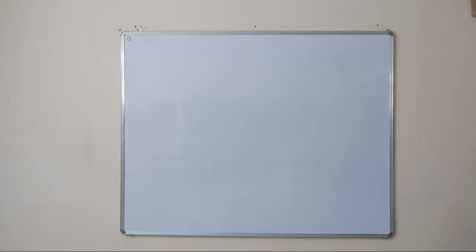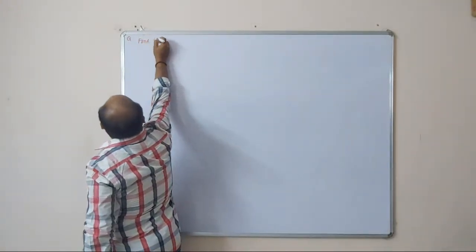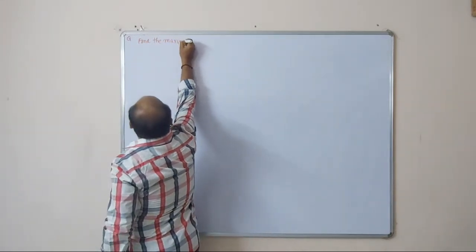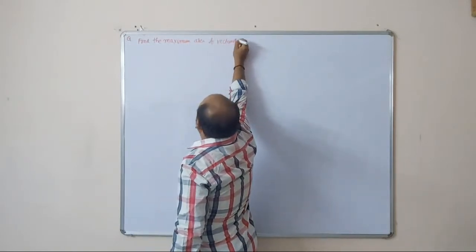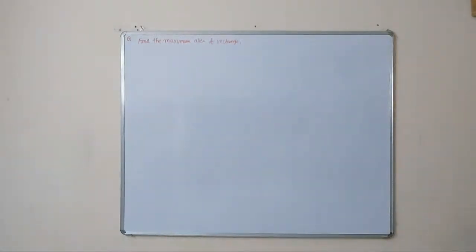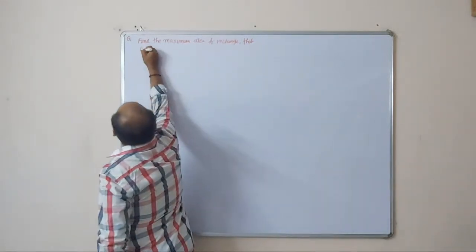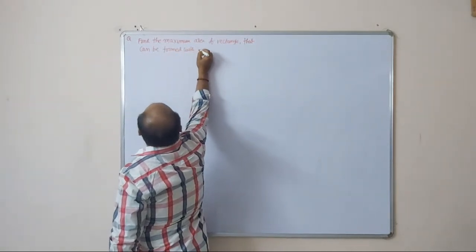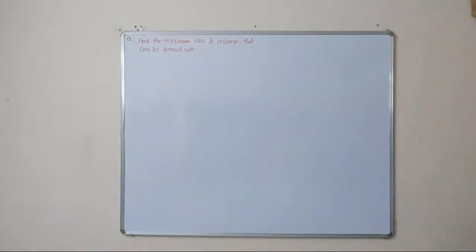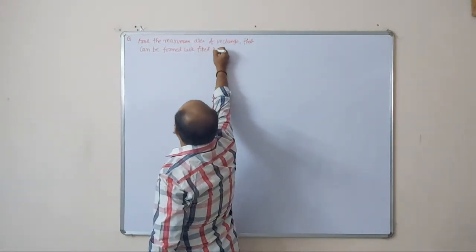This is one of the example problems. Find the maximum area of the rectangle that can be formed with fixed perimeter 20.